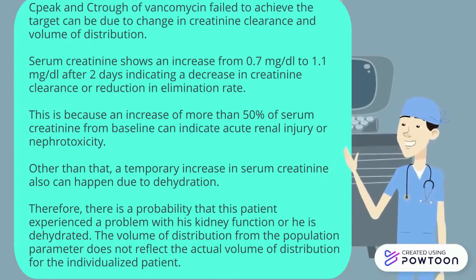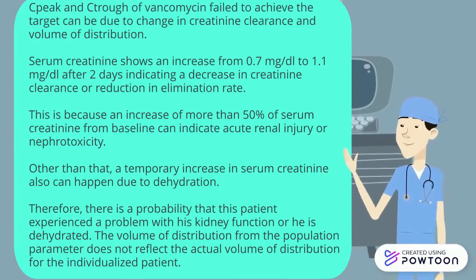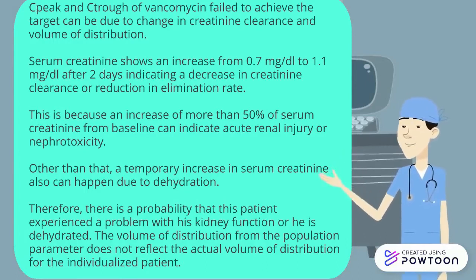Other than that, a temporary increase in serum creatinine can also happen due to hydration. Therefore, there is a probability that this patient experienced a problem with his kidney function or he is dehydrated.